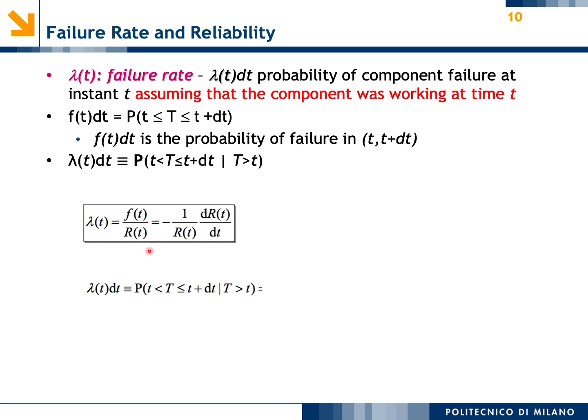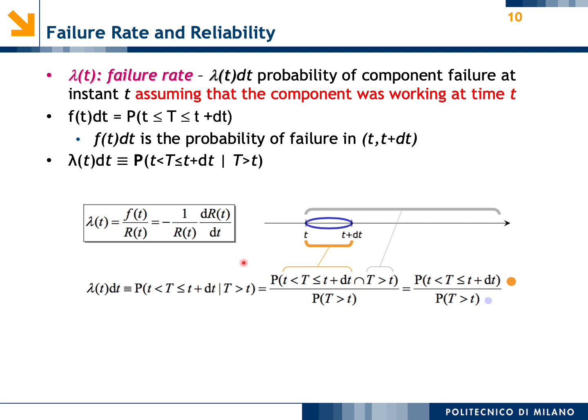To demonstrate this, we have to start from the probability that the component fails in the interval between t and t plus dt, given that it was working at the beginning of the period. So actually, this probability is equal to lambda t in dt.